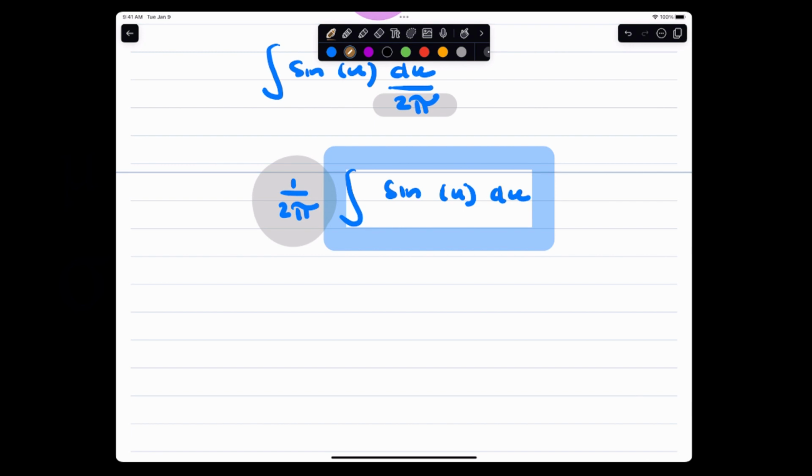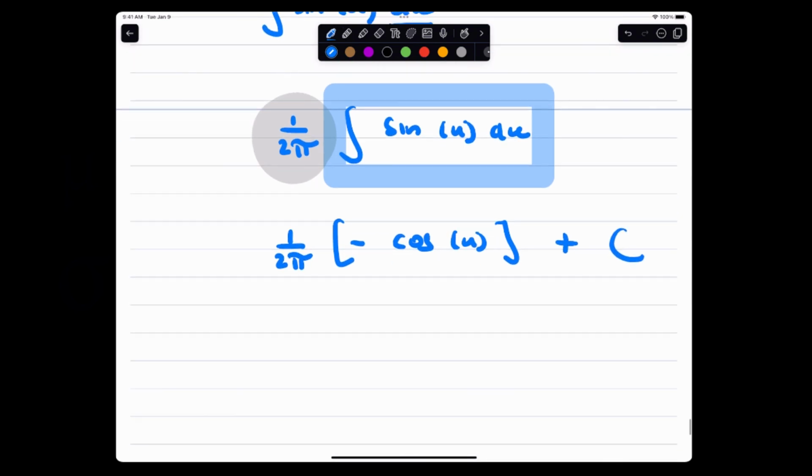So do you guys know what the integral of sine is? It's negative cosine, is that right? Exactly. So you guys remember I said, if you know how to get these antiderivatives, you're home free. Put your plus c. And so this is minus 1 over 2 pi cosine u plus c.